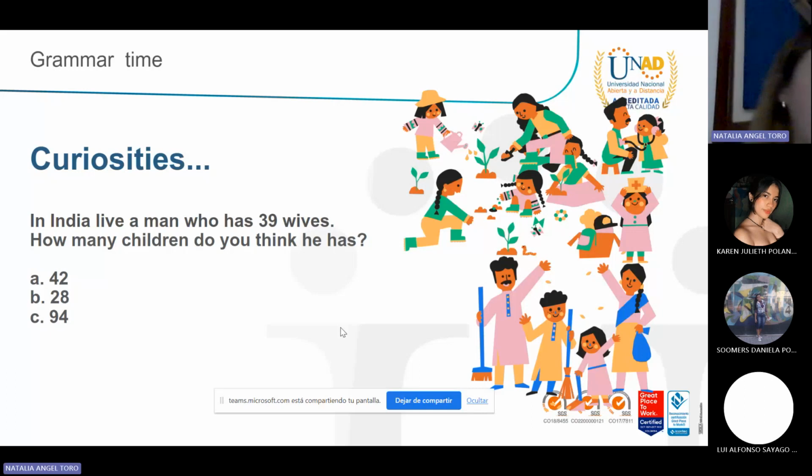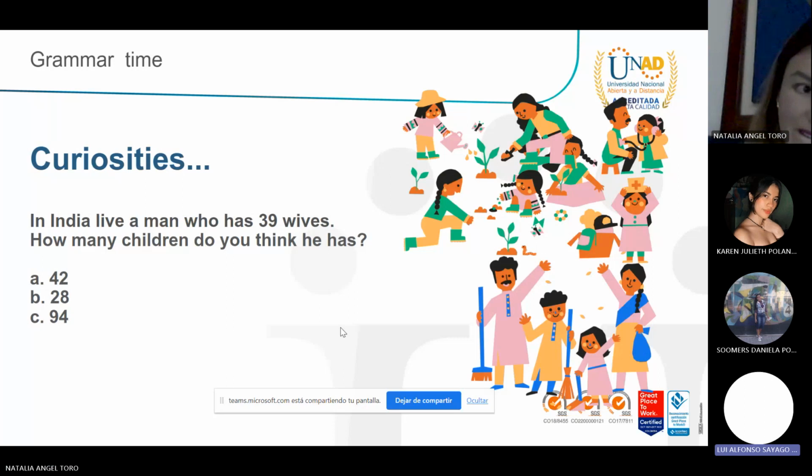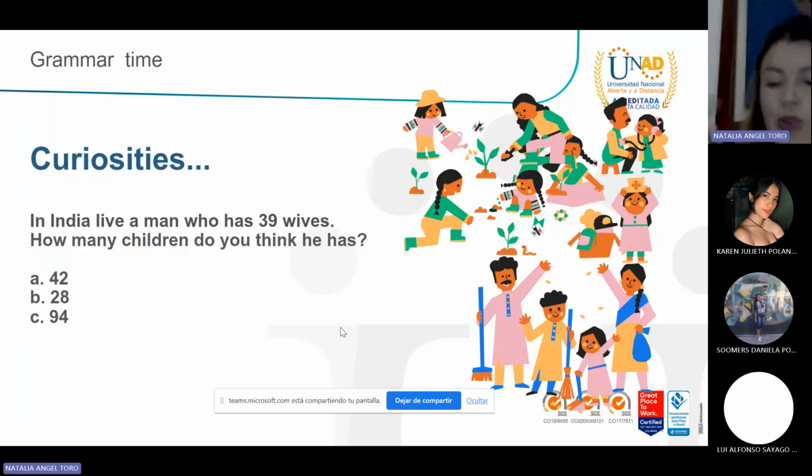A, 42, B, 28, C, 94. What do you think? I believe he has 42 children. Okay, so you choose A. And what about Summers and Karen? What do you think it could be?